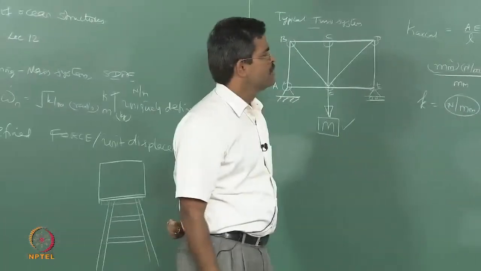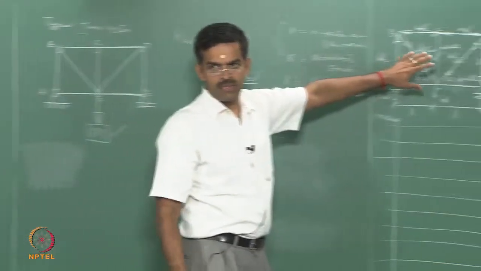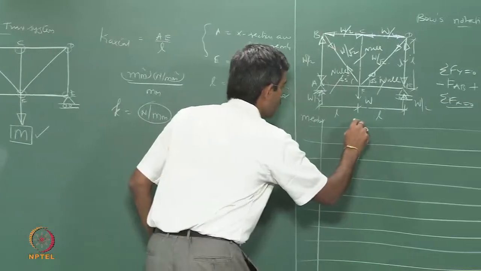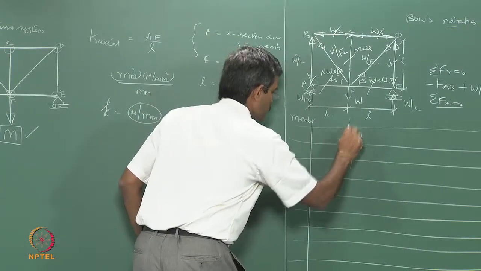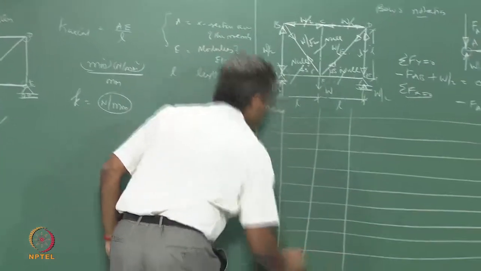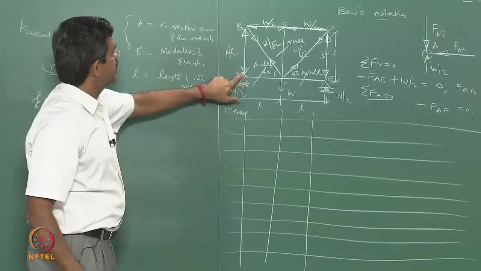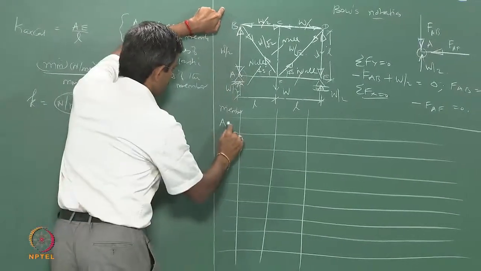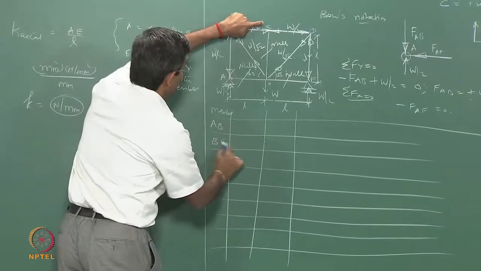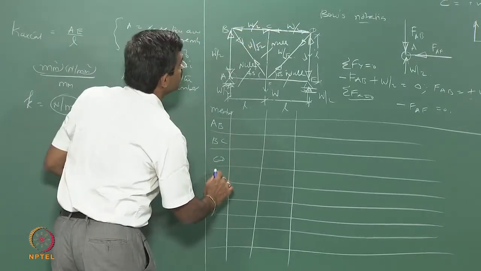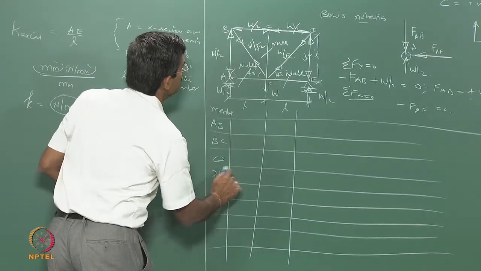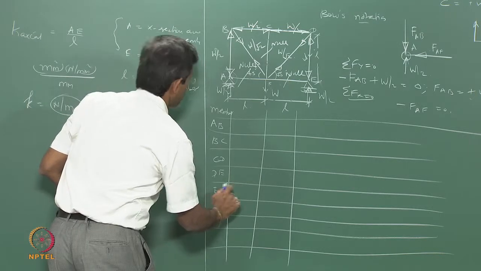Okay. I want to tabulate these values. So, member forces. I start from here, let us say AB, BC, CD, then DE, EF and FA.